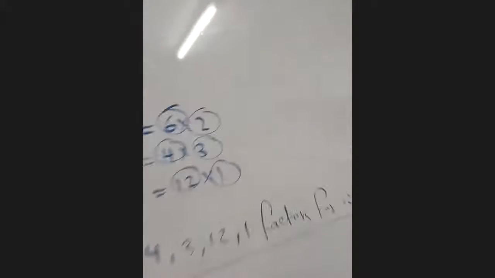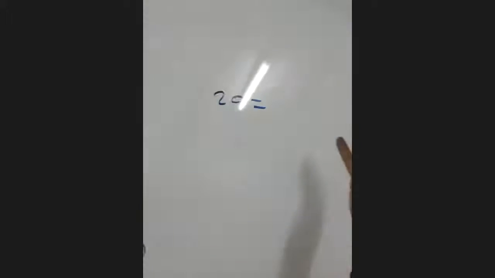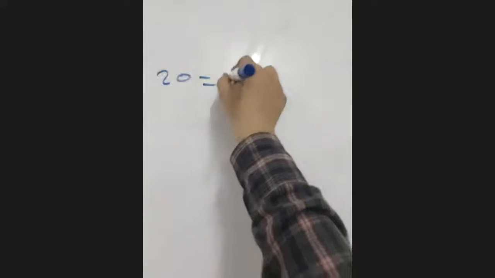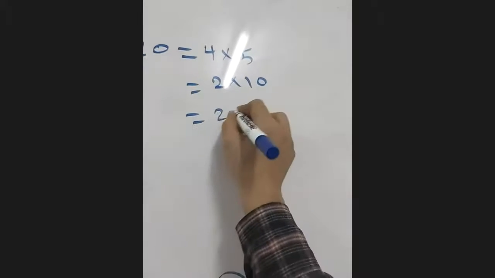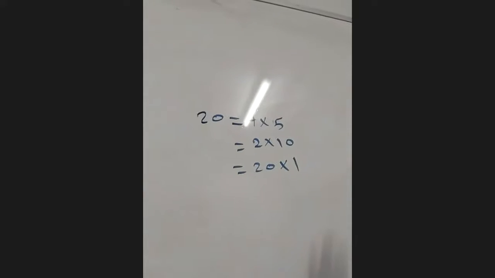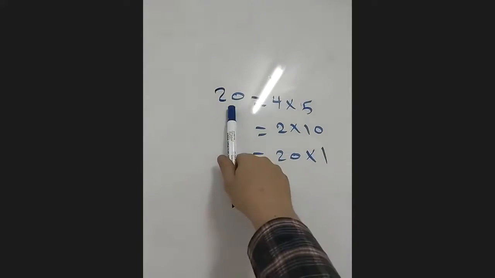Now, in our question, the numbers are 1, 2, 4, 5, 10, and 20. But the biggest number here is 20. What are the numbers? If you multiply them, you get 20. We have 4 by 5. We have 2 by 10. We have 20 by 1, right? Now, what are the factors? All of these numbers are factors for the same number.